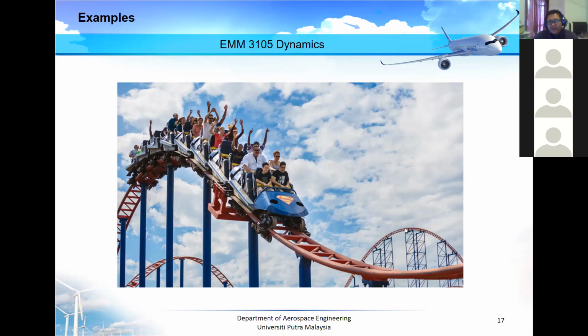Okay, for example, when it reaches up here, what is the speed that is needed so that it can go up to this point?